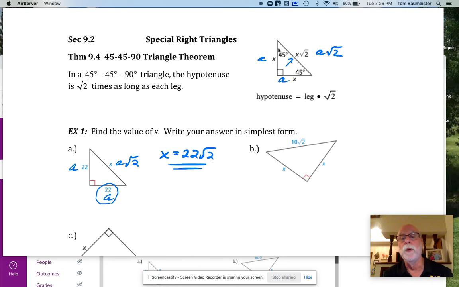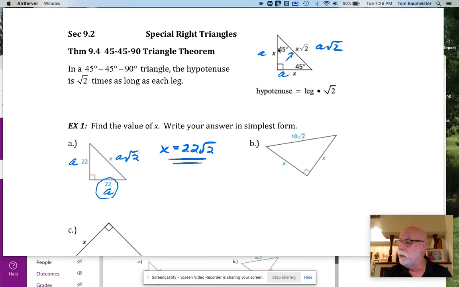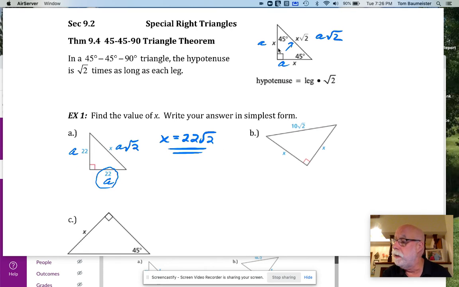Yep, it's that simple. Now on a couple of these, we're going to have to do a little more manipulating, but it should still be the same thing. On this second one, it says x and 10 times the square root of 2. So again, I'm going to say a, a, and a times the square root of 2.